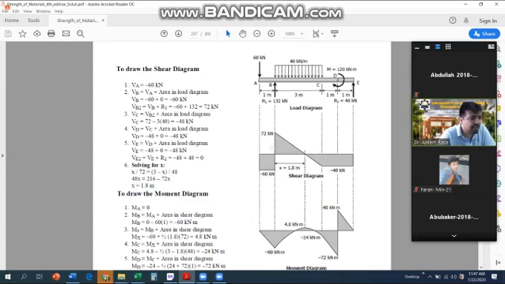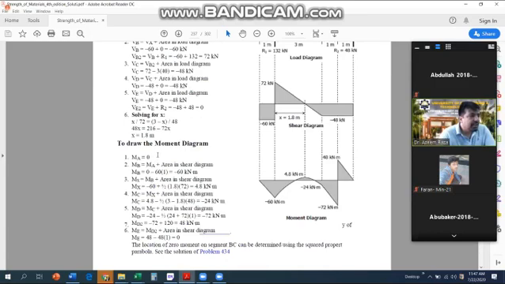Similar triangles: this triangle and this triangle. This side is x, this side is 3 minus x. This side is 72, this side is 48. So x over 72 equals 3 minus x over 48. Just find out x, which was equal to 1.8. This was important because we have to compute at least one moment at this point as well.